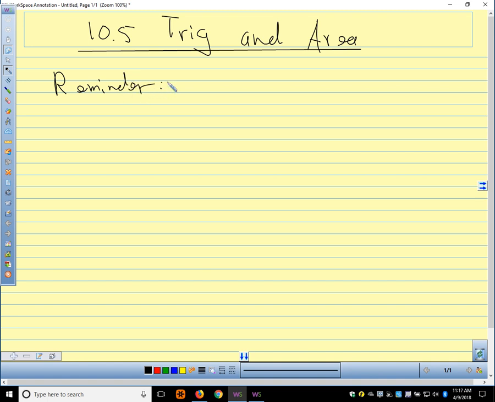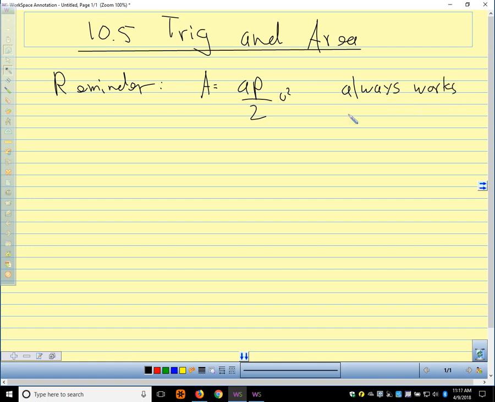So for a regular polygon, the area is the apothem times the perimeter divided by 2 square units. This always works for regular polygons.